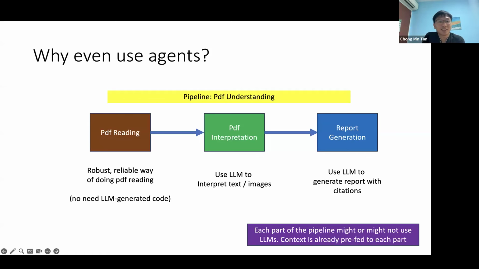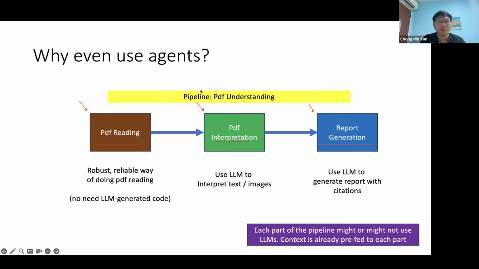It could be something like you want to read a PDF, understand the PDF, and generate a report. This pipeline repeats many, many times, and you don't need an agent to do the whole pipeline. You don't need to choose the PDF reading skill, then the PDF interpretation skill, then the report generation skill. Most of the time, the steps are fixed in advance. So for this case, you don't really need the agent.